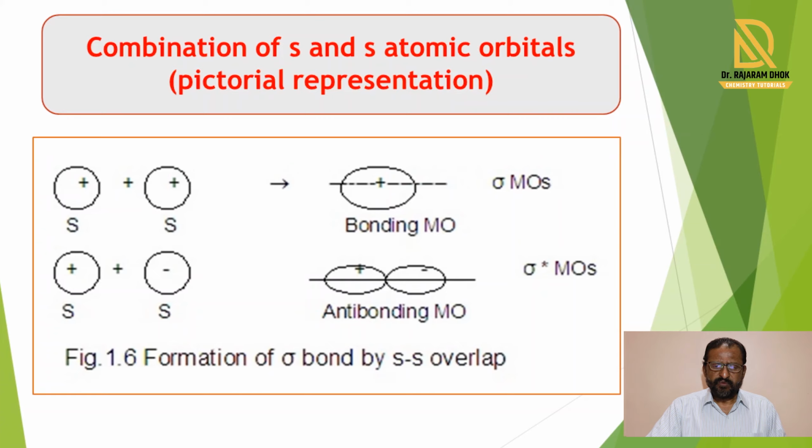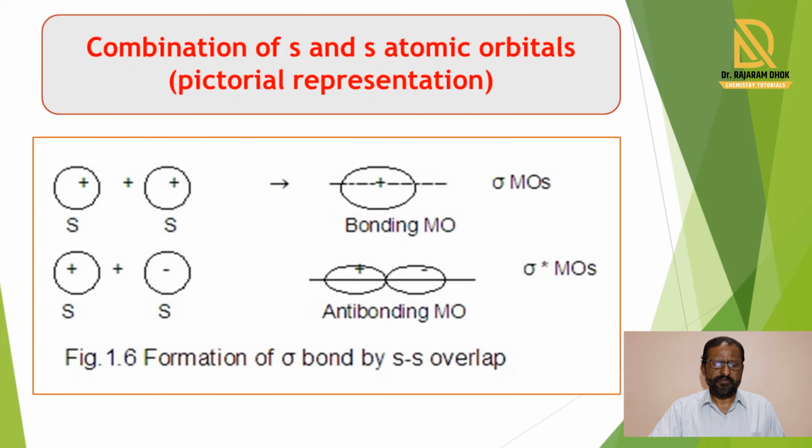For that purpose we see the different possible combinations of atomic orbitals in the formation of molecular orbitals. The first combination is the s-s atomic orbital combination. You see in this diagram the s orbital of the first atom and the s orbital of the second atom.